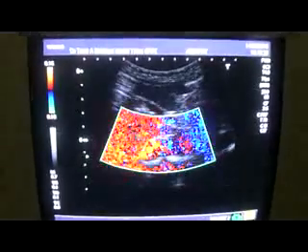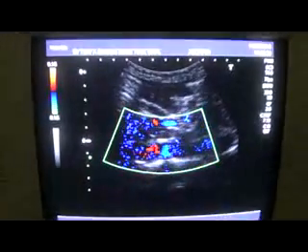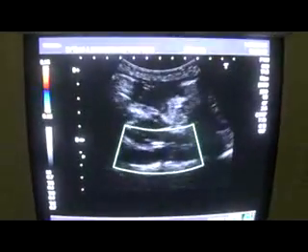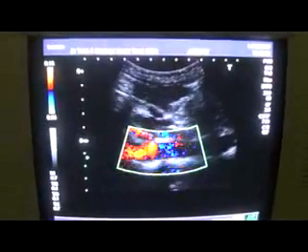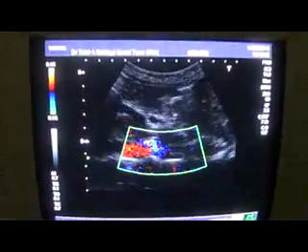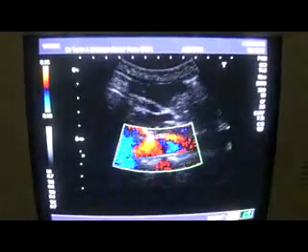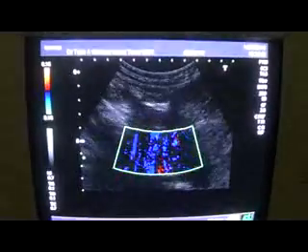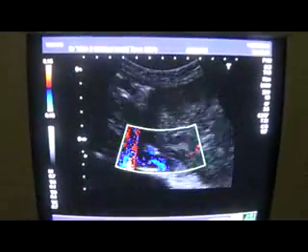But anyways, this is the aorta instead. Here, and this is the IVC.